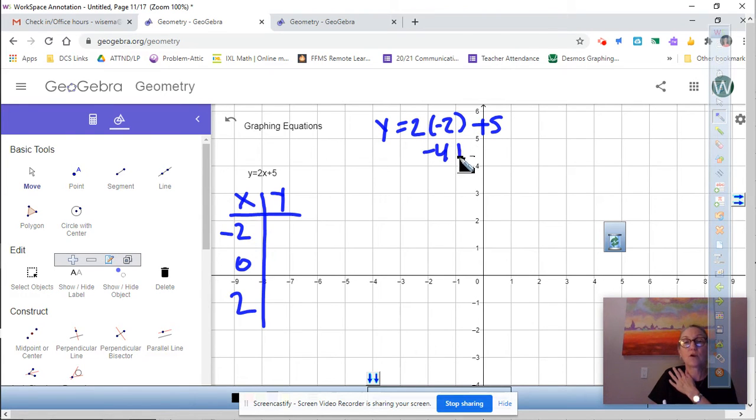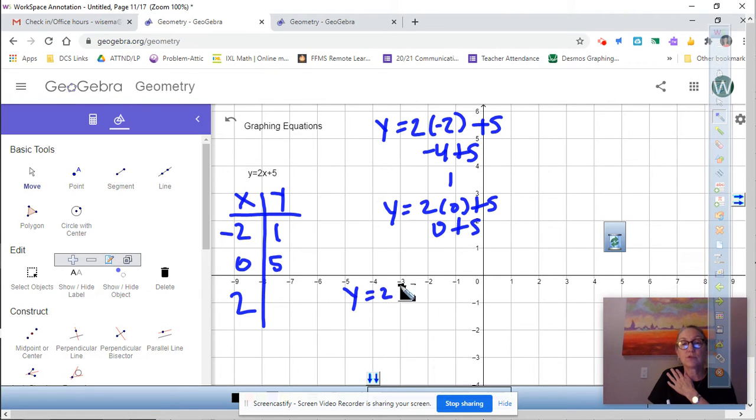That's -4 plus 5. That's a +1. Okay. 0. Y equals 2 times 0 plus 5. 0 plus 5. Well, that's just a 5. And then y equals 2 times 2 plus 5. Y equals 4 plus 5. Y is equal to 9.